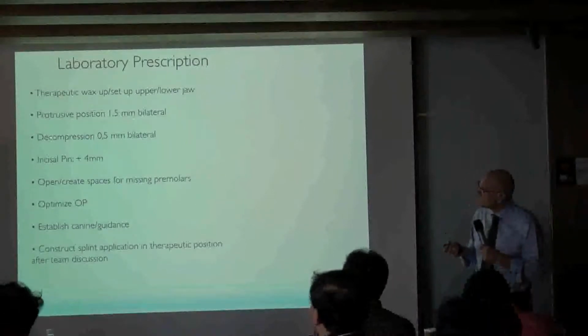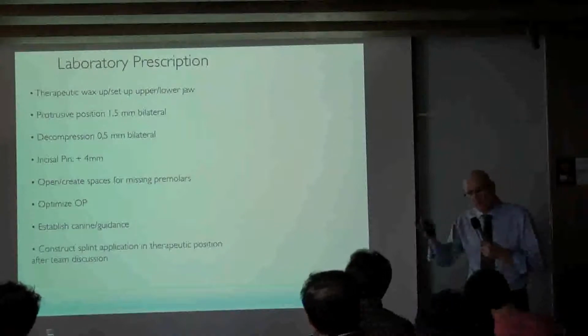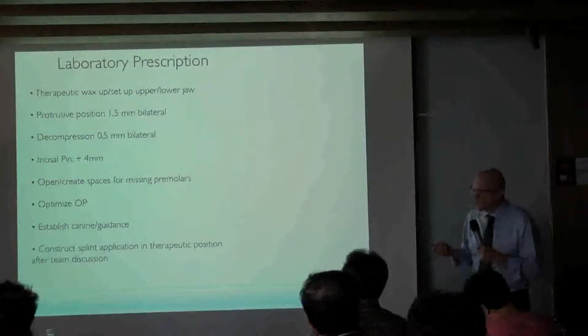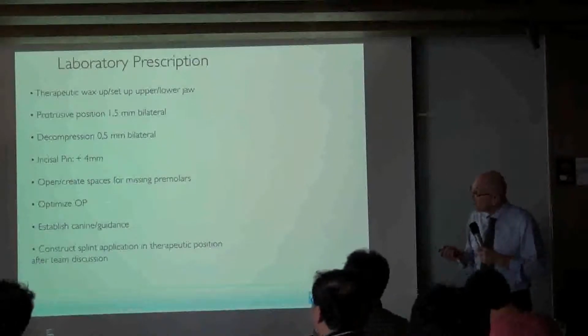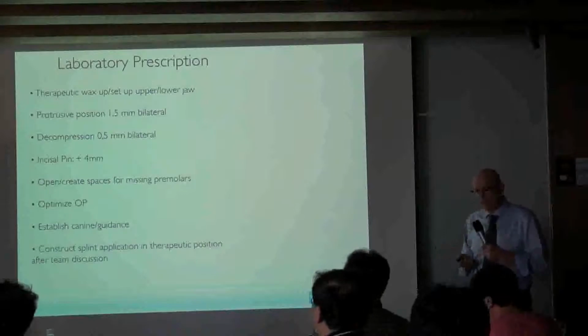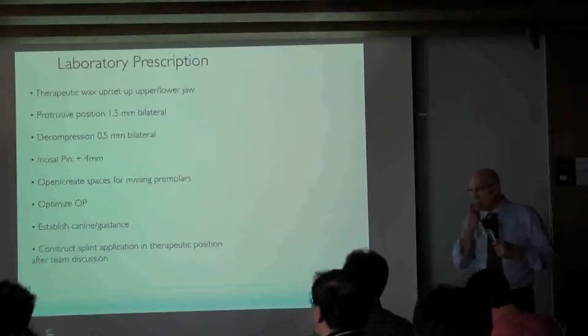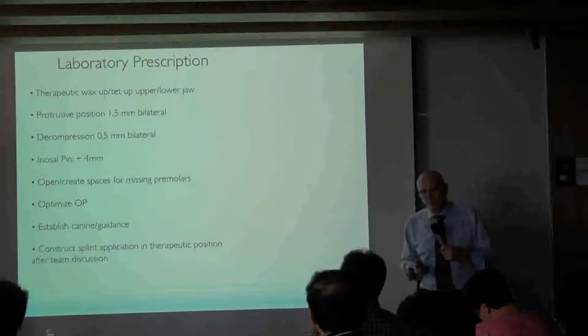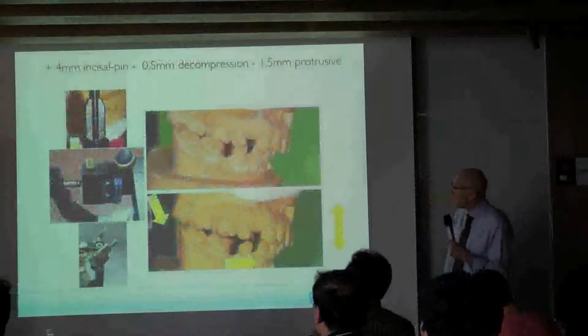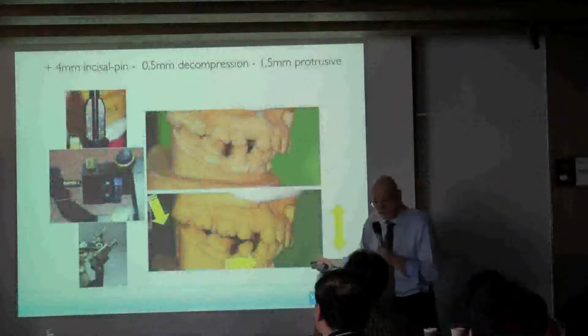Make a protrusive position, make decompression of the joint, which we can program in the articulator. Raise incisal pin 4 millimeters. Arrange space for missing premolars, change occlusal plane, establish canine guidance, and then construct a splint, an oral splint, in this therapeutic position. Yeah. So this is a special articulator.